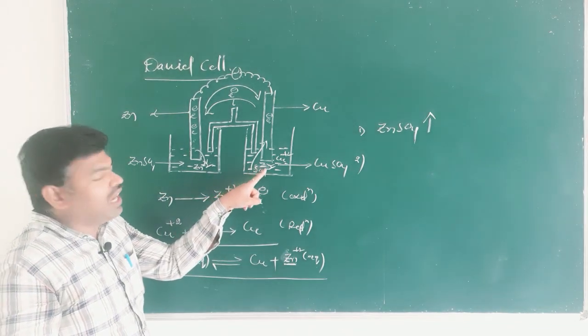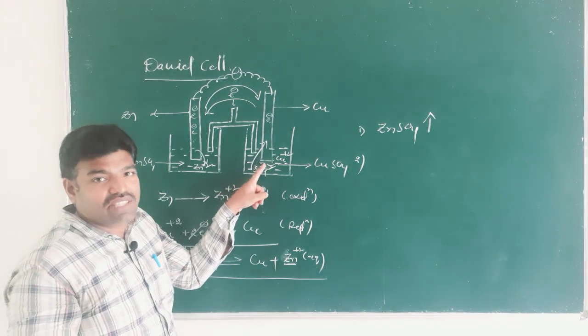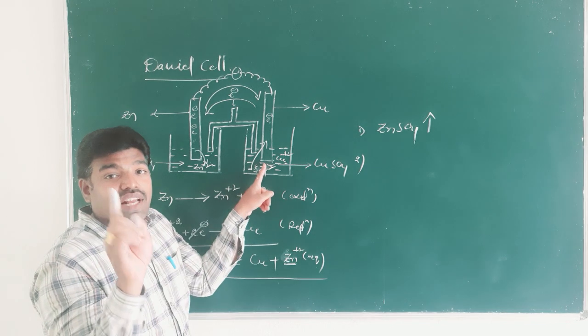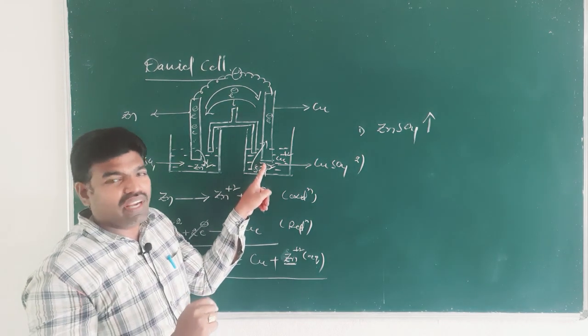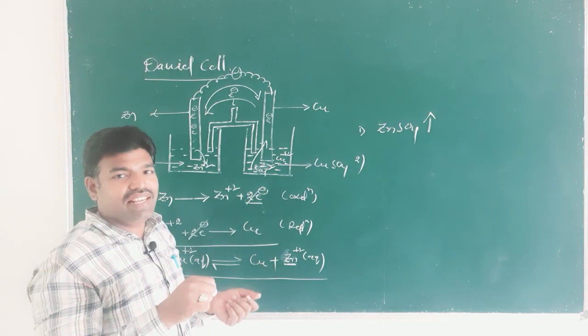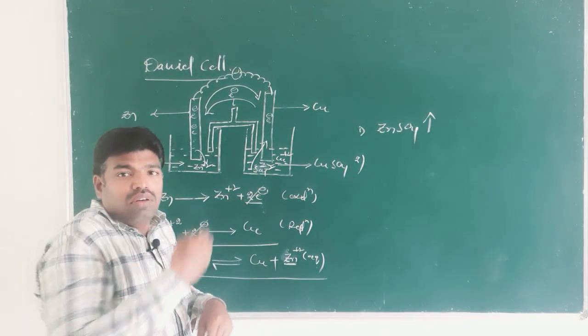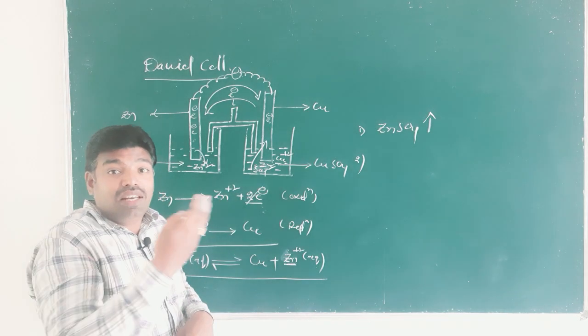And this is the other compartment where the reduction takes place, that is why we call it the reduction compartment. Here, during the functioning of the Daniell cell, the Cu+2 ions go on reducing.